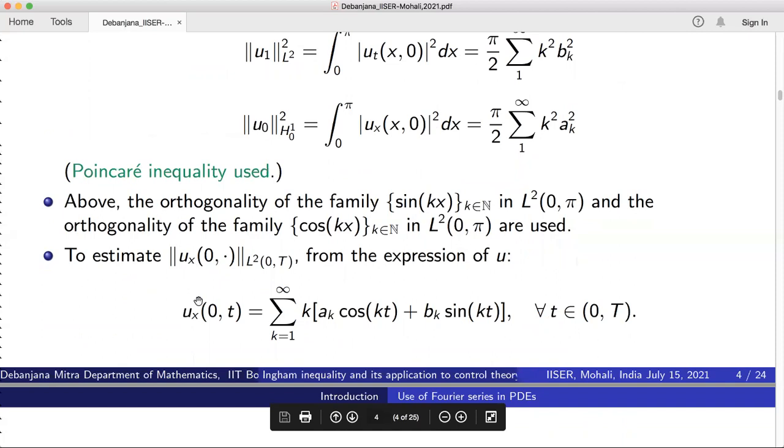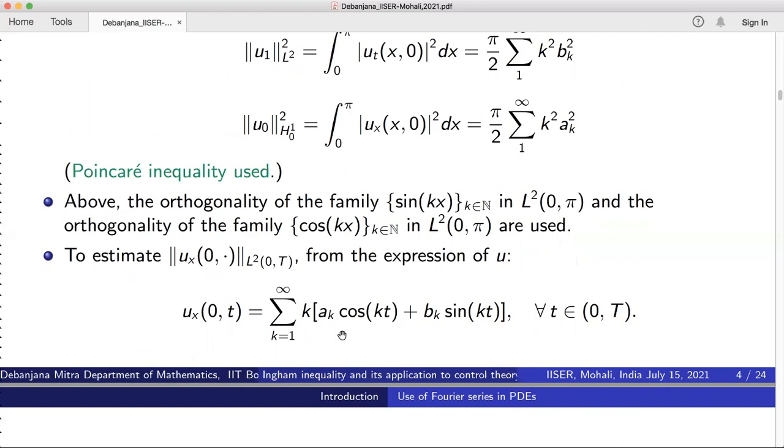That is u_x: we take the x derivative and then we put x equal to 0, and it turns out the identity looks like this. Now we have to get the L2 estimate of this term when t is running from 0 to capital T.